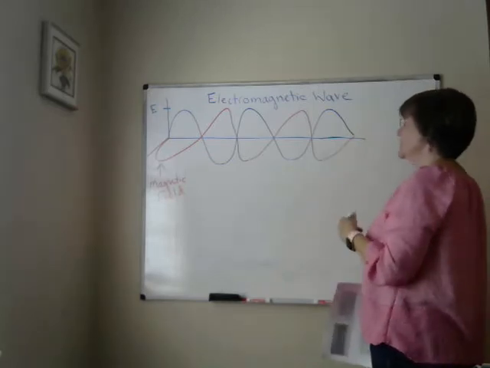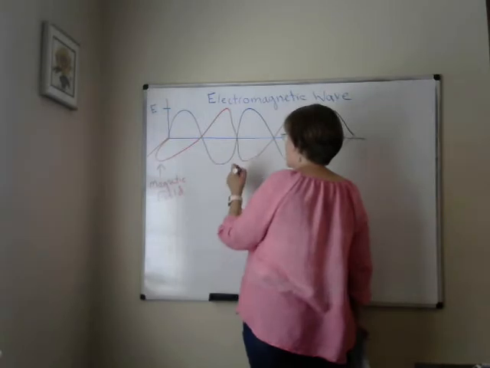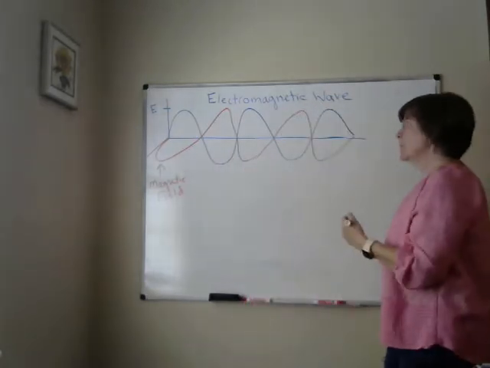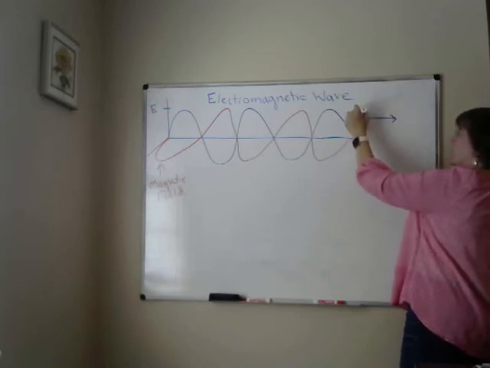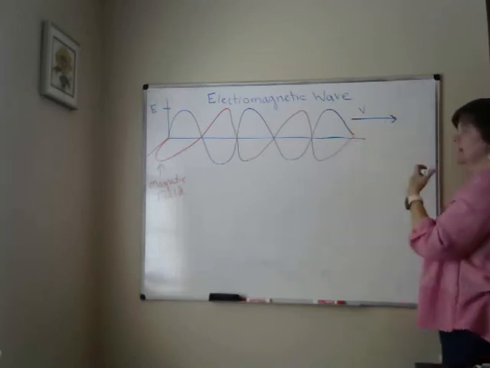It's important that you understand that the electric field is perpendicular to the magnetic field, but both of those are perpendicular to the direction that the wave travels. Our wave travel, or our velocity, would be in this direction.